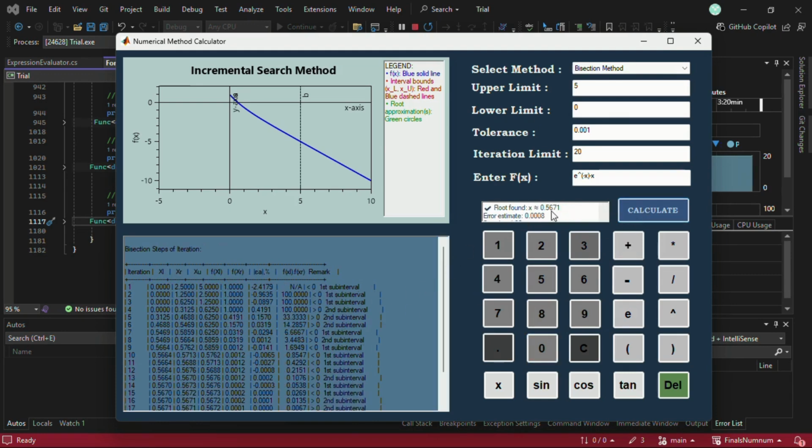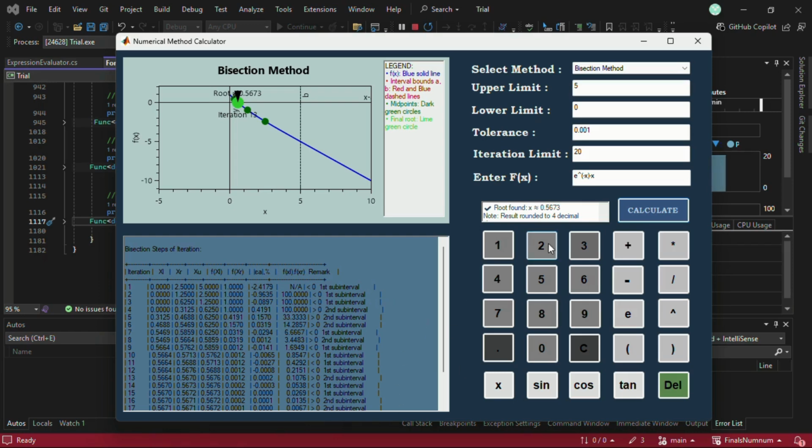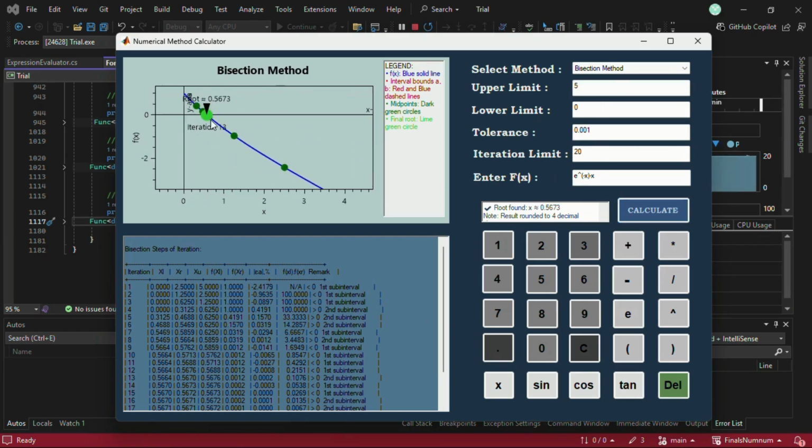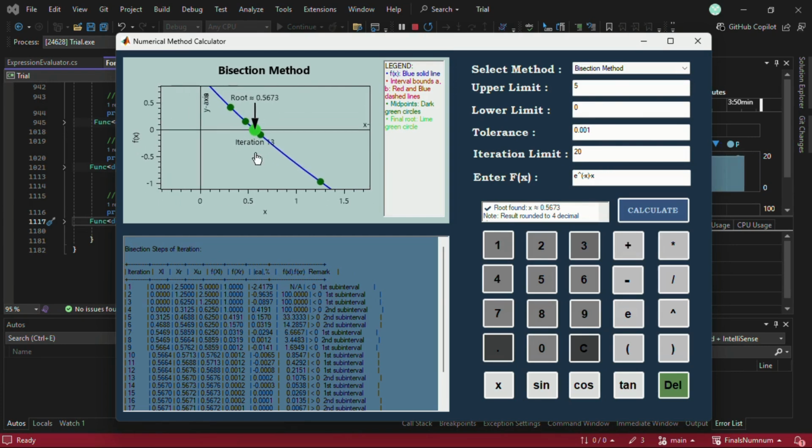And here we have found the approximate root of the equation in the bisection method, which is 0.5673, right here. And this is the graph, it shows multiple roots.